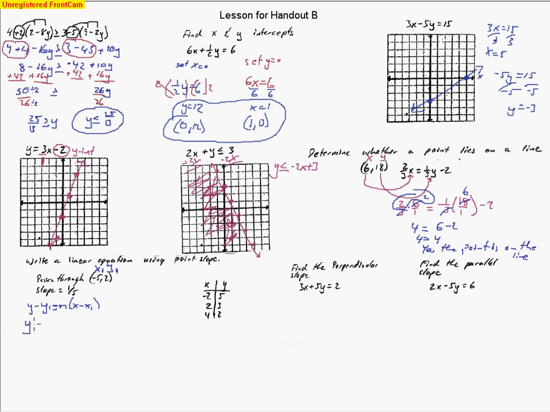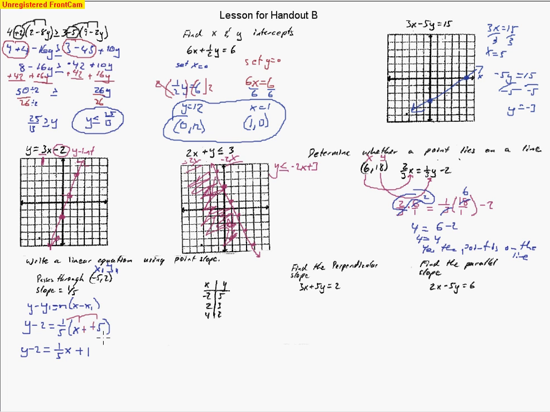So let's rewrite what we've got. Y minus 2 equals the slope, which is 1/5, times x minus negative 5. So anytime you see a minus negative, treat that as a plus positive and distribute that 1/5 over that sum. So here's what we have now. We've got y minus 2 equals, and then we've got 1/5 x, and then plus 1. 1/5 of 5 just makes 1.